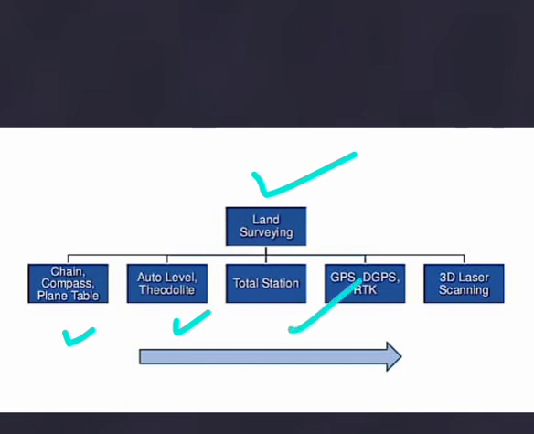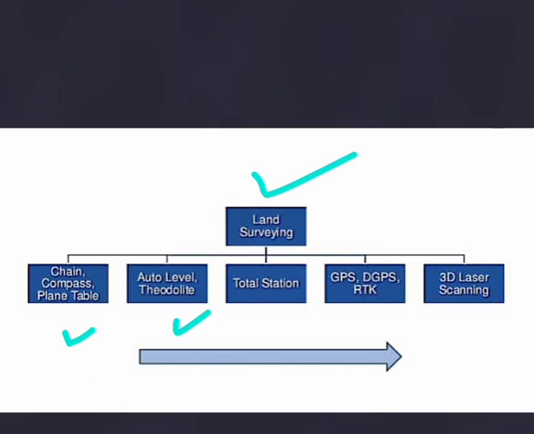Then you will have GPS, DGPS, RTK, where GPS is the satellite based navigation system, that is global positioning system, and you will have 3D laser scanning. Chain, compass, plane table are only for smaller areas where you can measure the direct distance, so these come under the method of direct distance measurement.